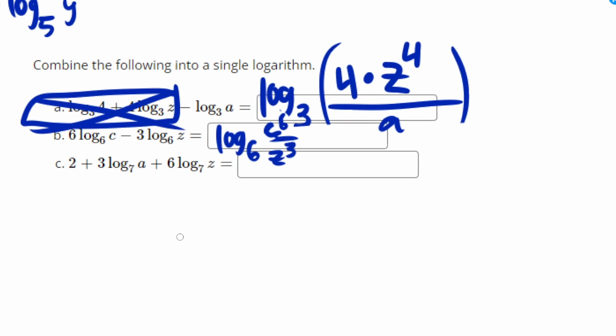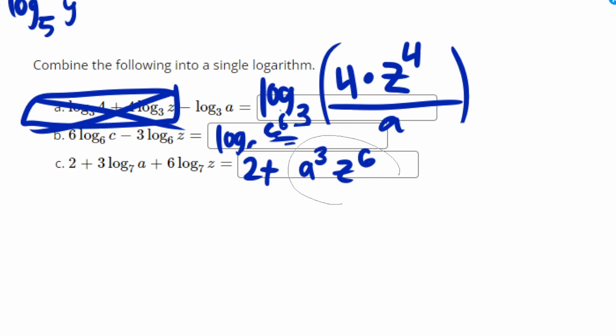Now this one's a little bit different because I believe that we can't really do anything with this 2. But let me double check. Let me write down. So I still think we'll have a 2 plus, because these two will have the same base. So we'll have 2 plus a cubed times z to the 6th, and it will still have the log base 7.